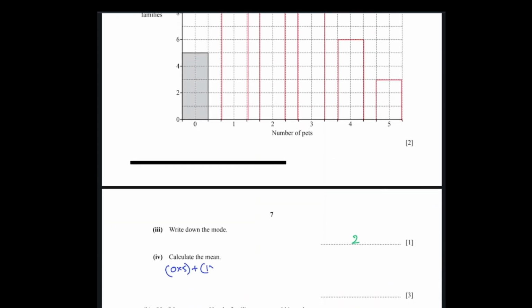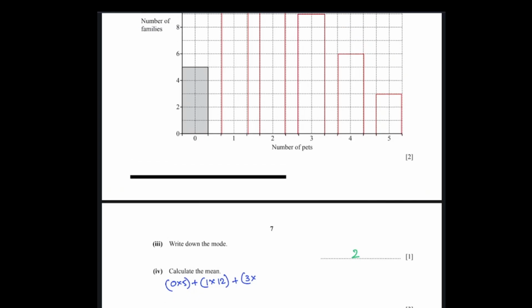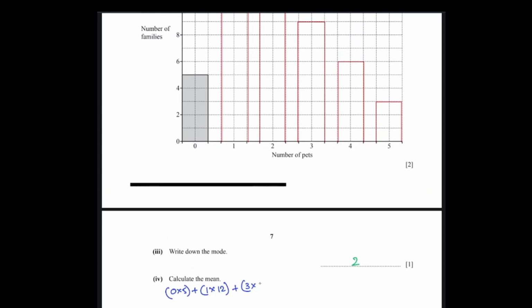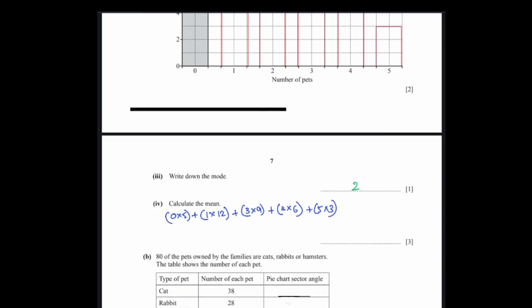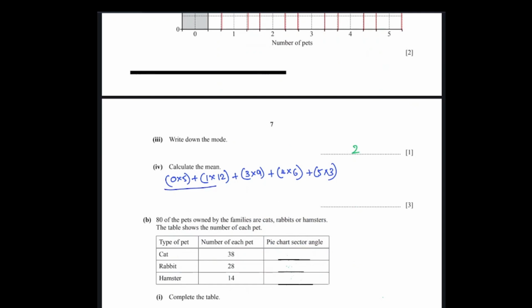Mean is 1 into 12 plus, you can see the bar chart also here, and do 3 into 9, sorry. 3 into 9 plus 4 into 6 plus 5 into 3. Then do by 50.